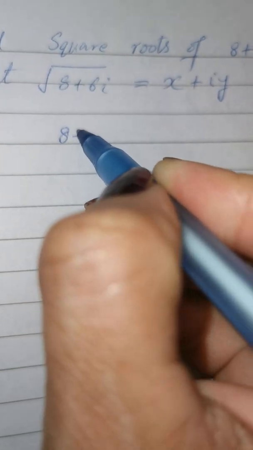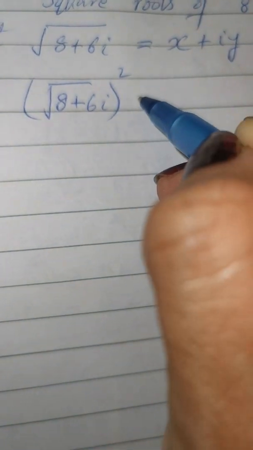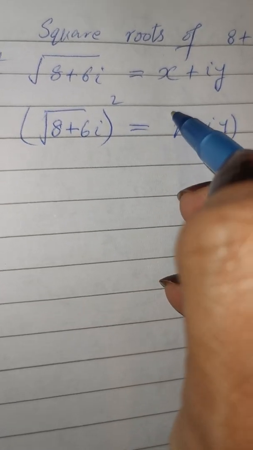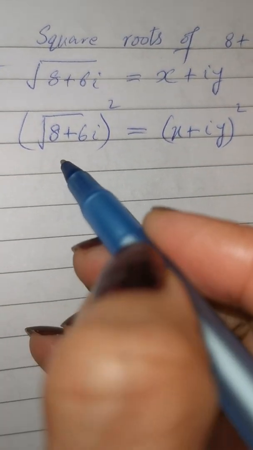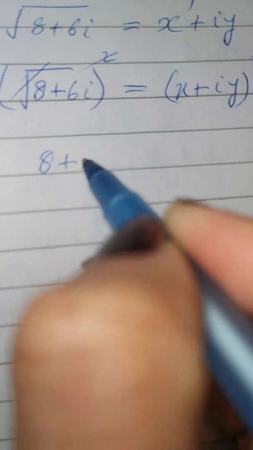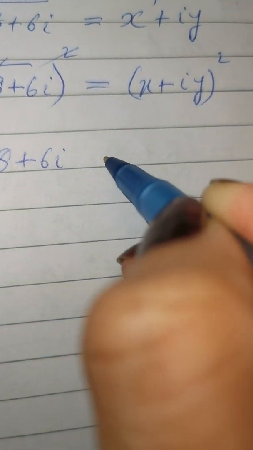For simplification, what we will do is take the square on both sides, right? This square and square root will cancel each other, and here we are left with 8 plus 6 iota.